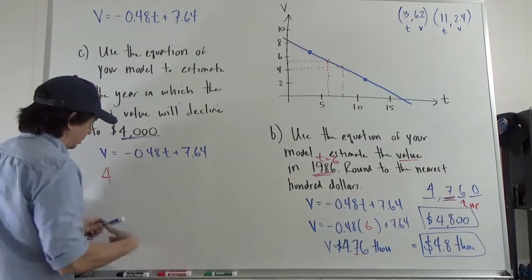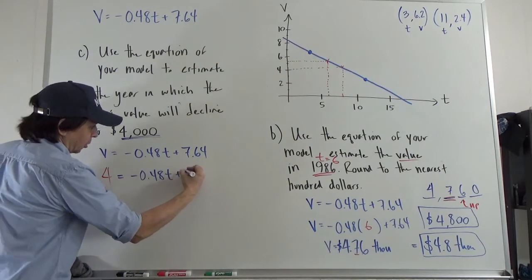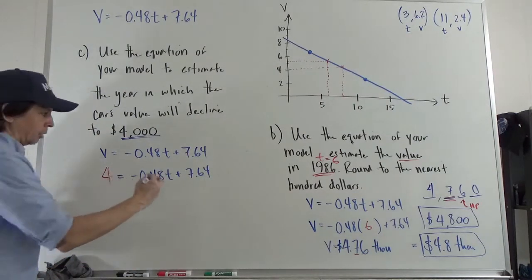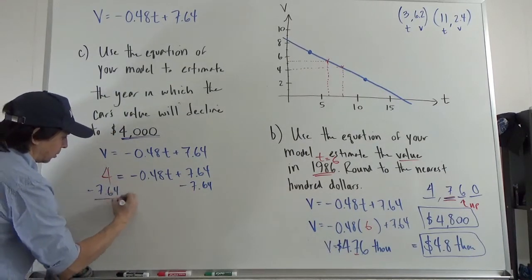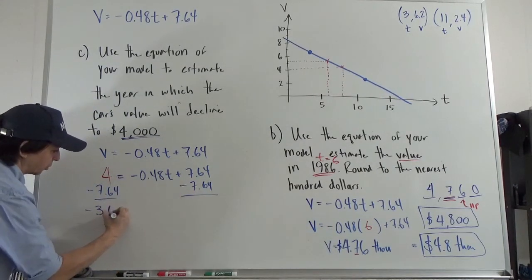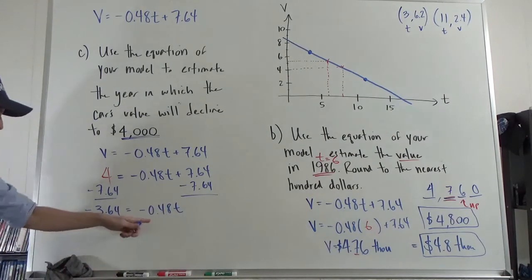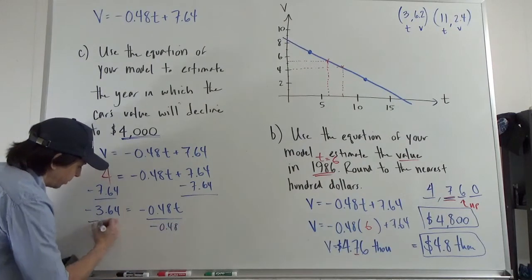All right, from there, it's 4 for value. T is unknown, but once you plug it in, we'll be able to solve for t. I'm going to subtract 7.64 from both sides. Get negative 3.64. Don't worry about the negative, it's going to cancel out when I divide by negative 0.48.